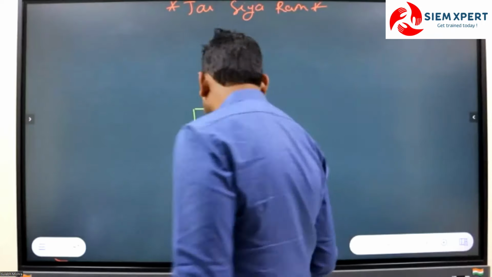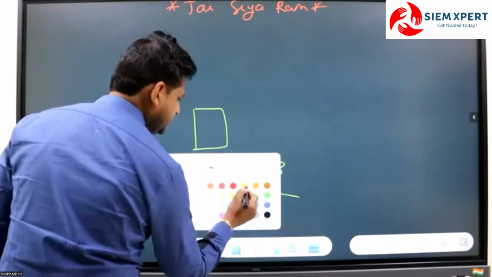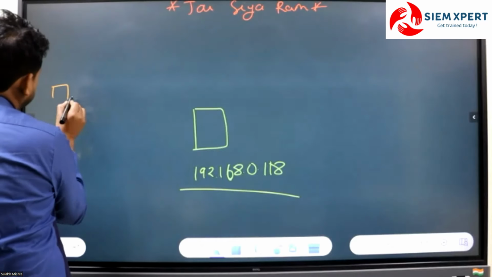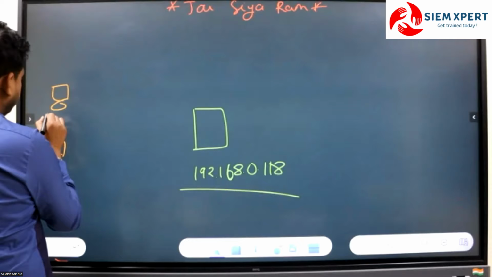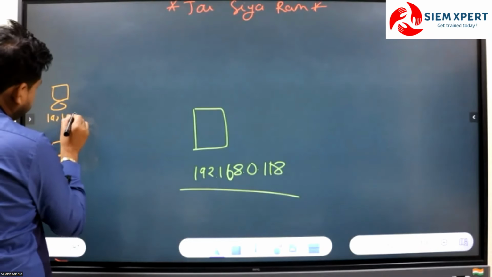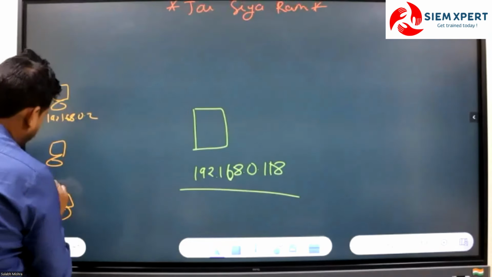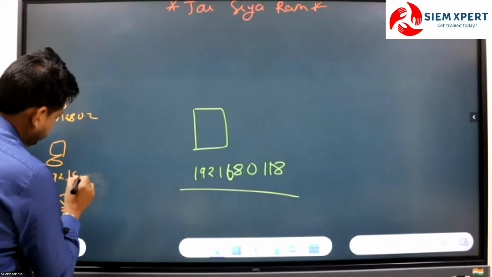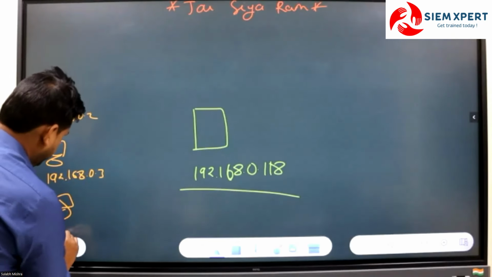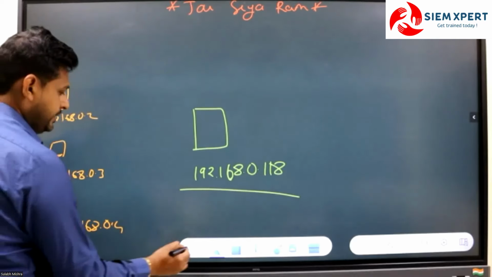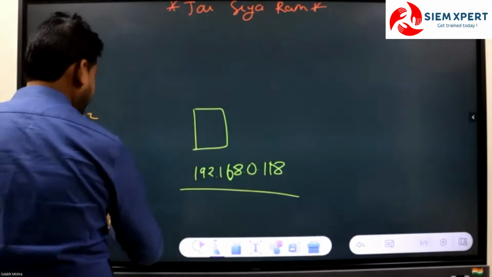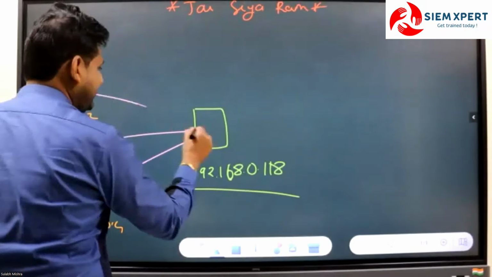You have to integrate Windows devices: 192.168.0.2, 192.168.0.3, 192.168.0.4. These devices you have to integrate using WMI.